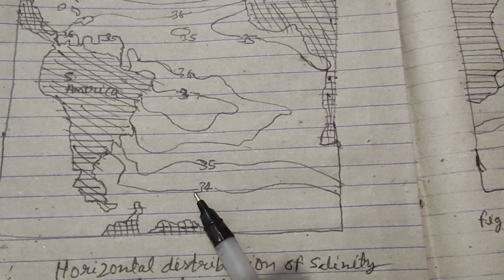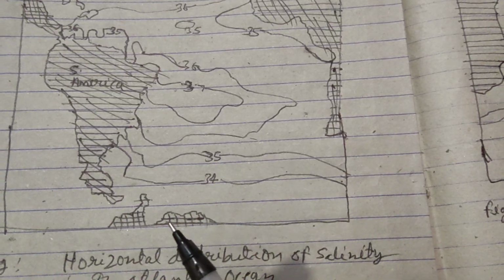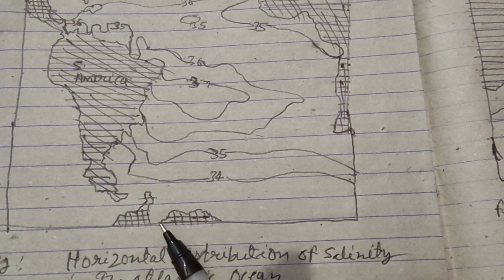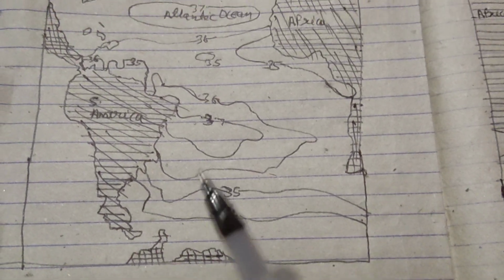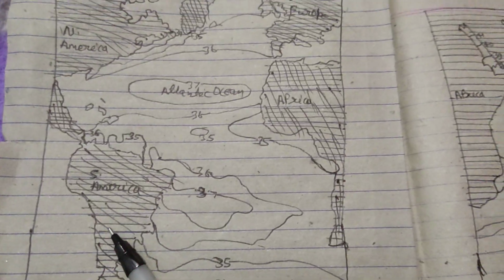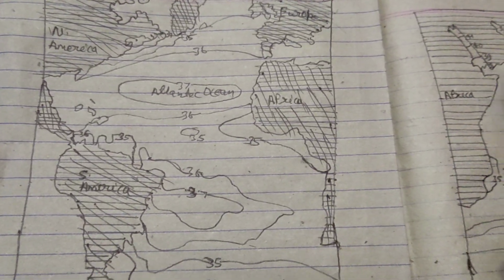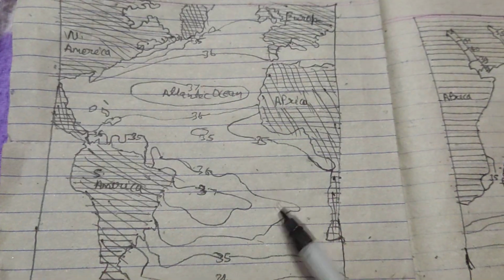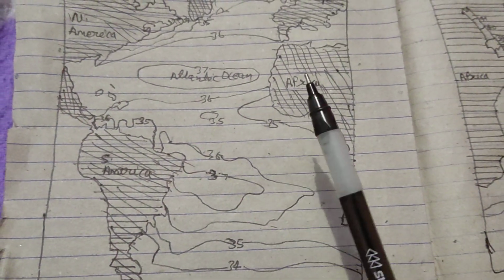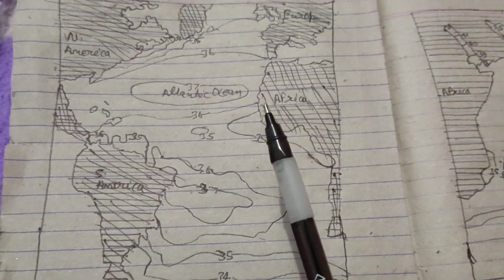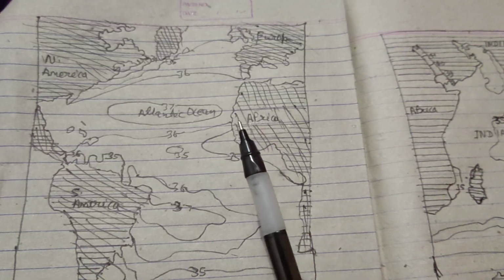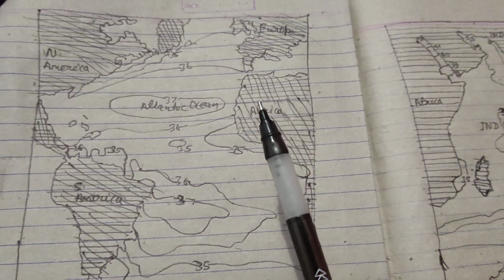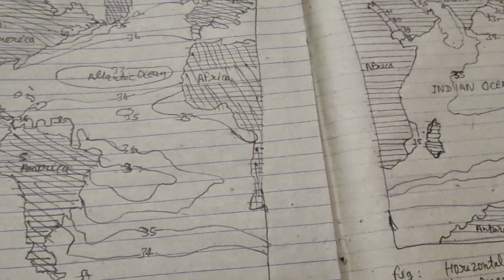This is the positive relationship between high temperature, high salinity, and high evaporation. This is the 34 gram, this is the 35 gram, and this is part of the Antarctica continent, and this is South America. The shape of the Atlantic Ocean is S-shaped, as you can see here, and very narrow. The Atlantic Ocean is very narrow compared to the Pacific and Indian Oceans.